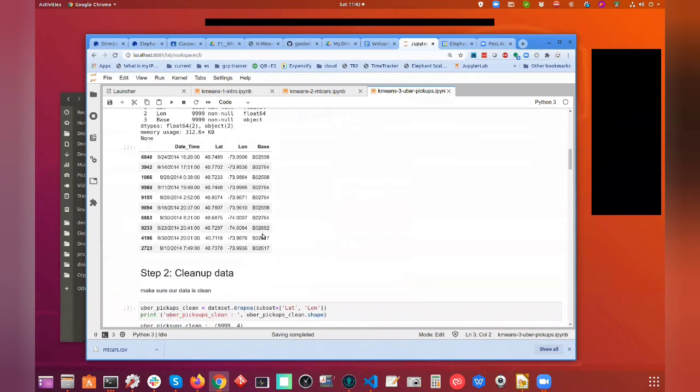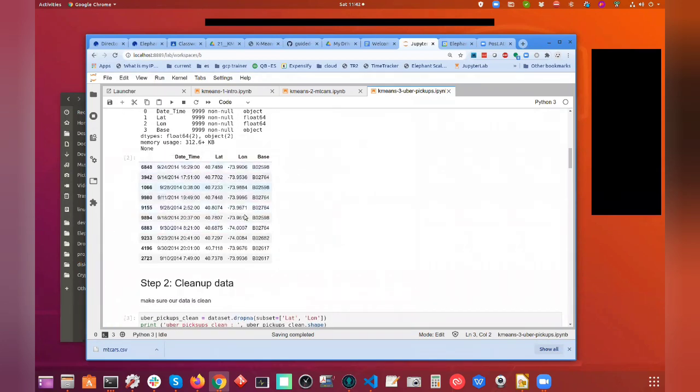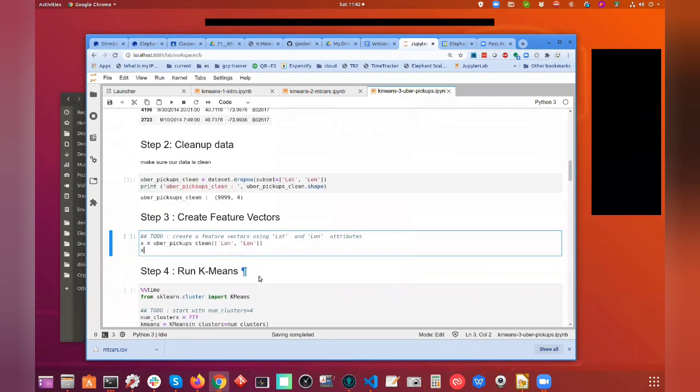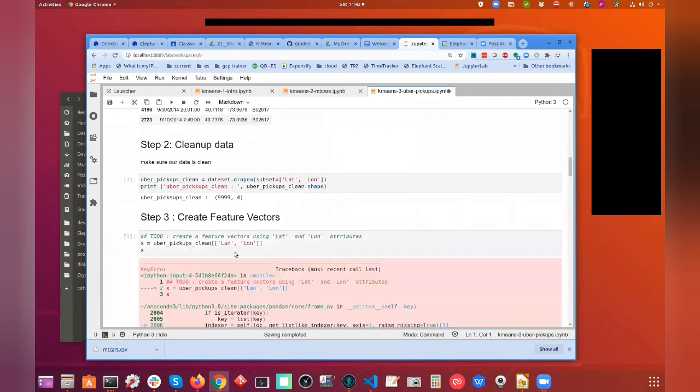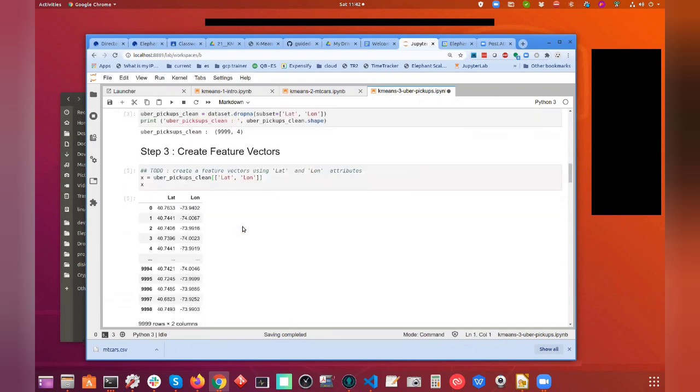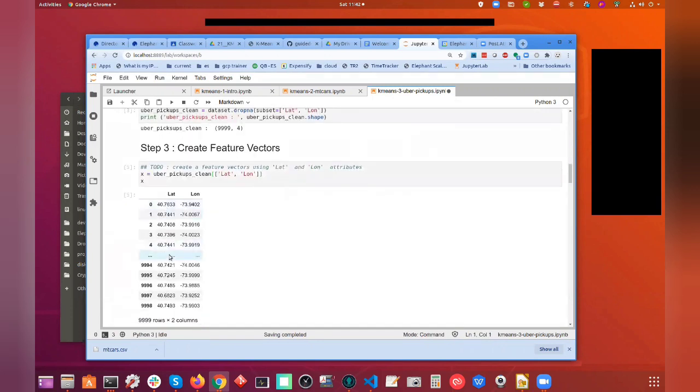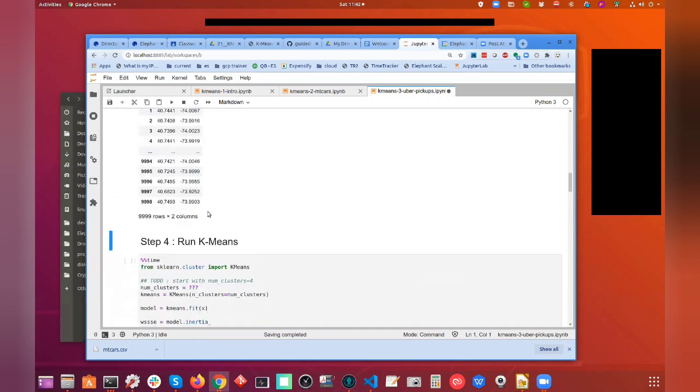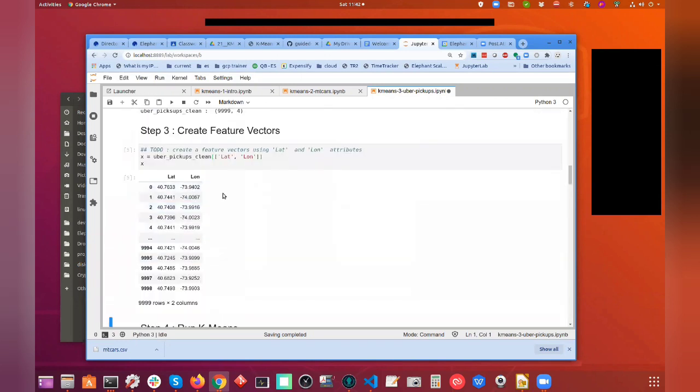In this case, we lucked out because they're all numbers and they're clean, so I don't have to do any cleanup or any encoding. I just get my x. That's it, my x is done. It's just a bunch of variables, two columns. I'm going to give it to Kmeans right away. There's no more to be done.